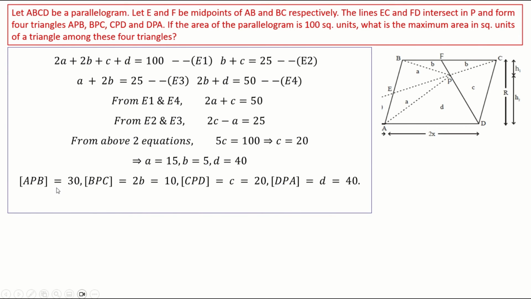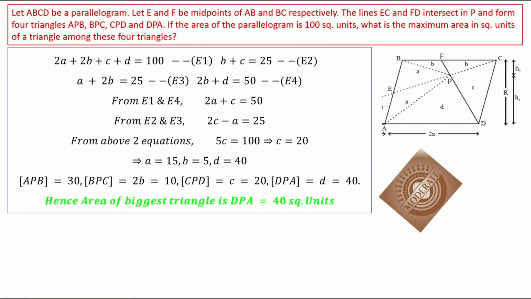So now the required areas are APB equal to 30. Okay. Then BPC is 10. CPD is 20. DPA is 40. So 40 is the maximum. So DPA, that is the maximum area, is 40 square units. Yeah, this is a medium question.